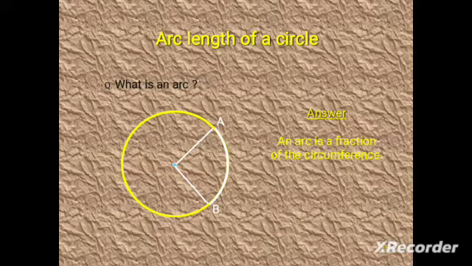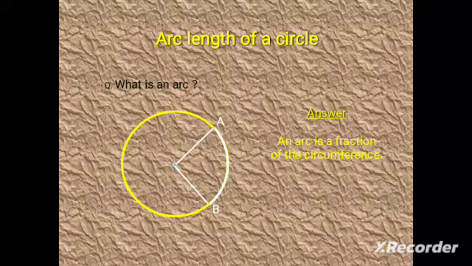An arc is a fraction of the circumference. As you can see, part of the circumference is shaded yellow and another part is shaded white. So AB is an arc and it is part of the whole circumference.